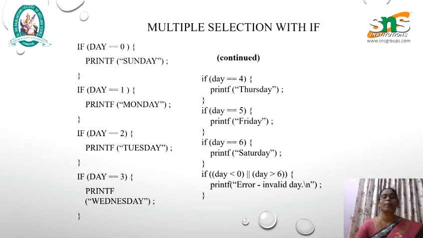Here is a comparison of multiple selection with the if statement and the switch case statement. The if statement also performs multiple selection by providing each statement with an if condition. But this is not needed in the case of switch case. With only one expression, that is only one switch, we can find any number of cases or matches in the case statements.